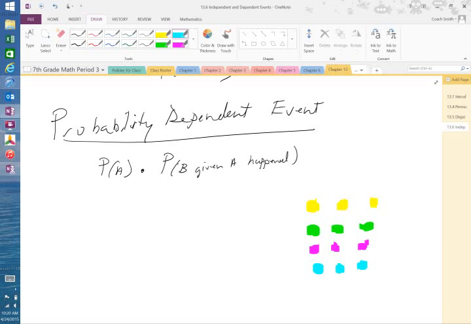I want to know the probability that I pick a purple color, then a green color. Now, once I pick them, they are no longer there. I am keeping them. Okay? So, then what is the probability of purple?